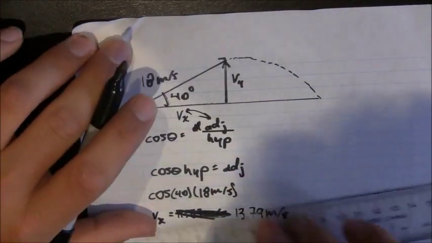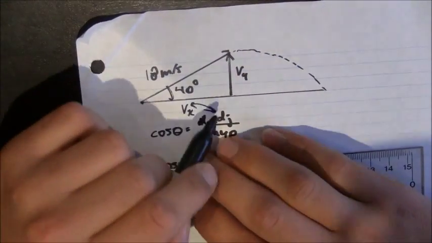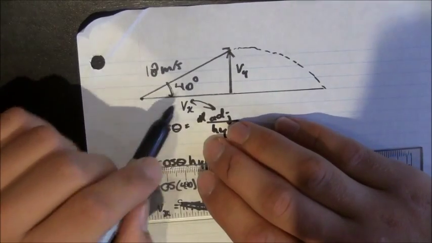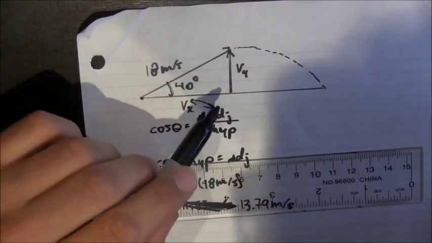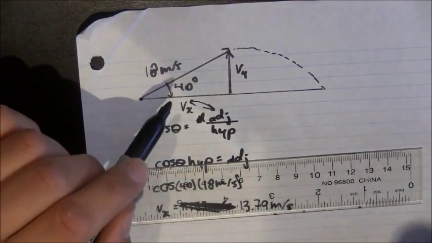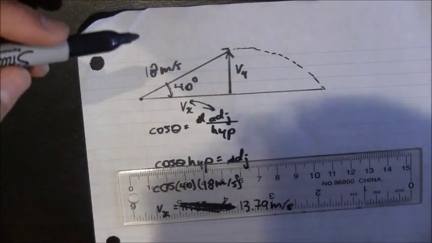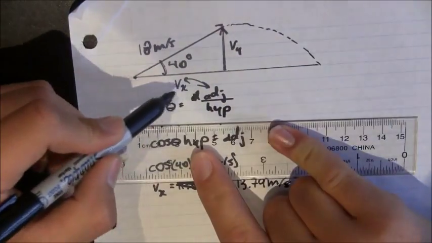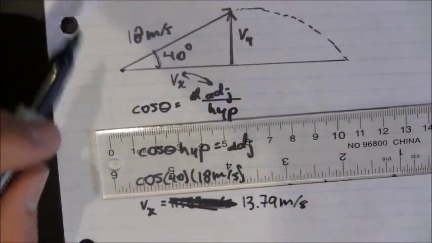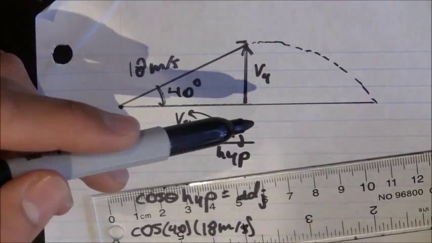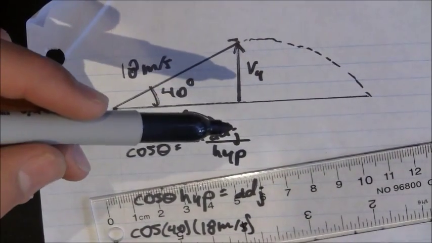So if you were to study my diagram, you can see what we can do here is make a triangle out of the components of the velocity and the hypotenuse of the triangle. So we can say that this is the horizontal component, or Vx, and this is the vertical component, Vy, and we'll use that to solve the maximum height in just a minute here.